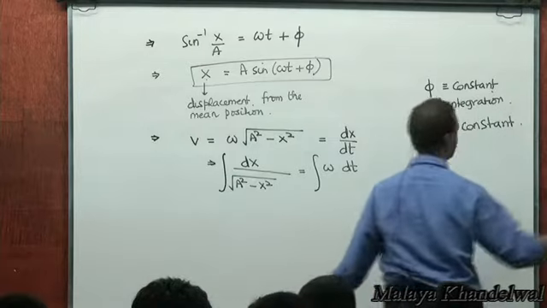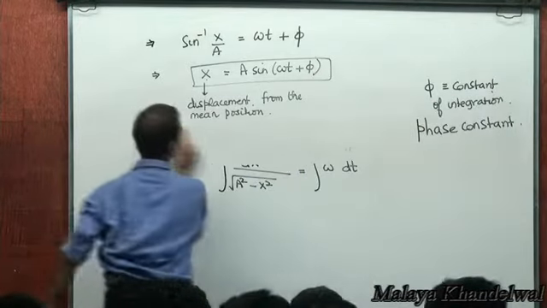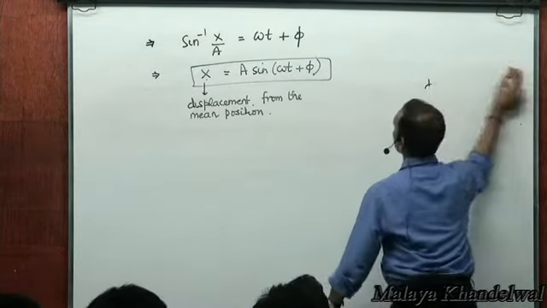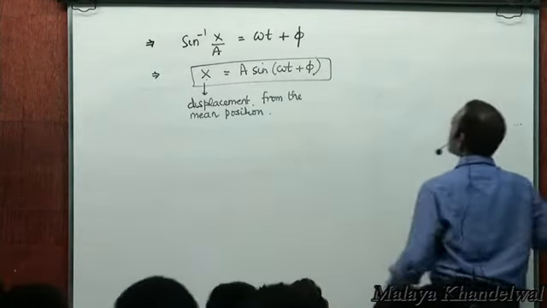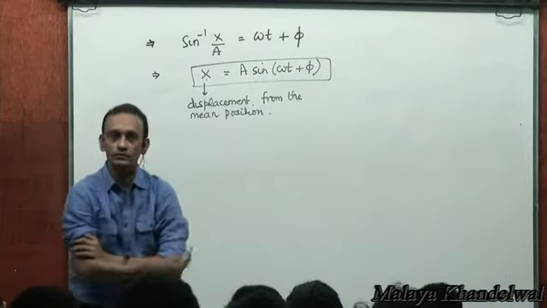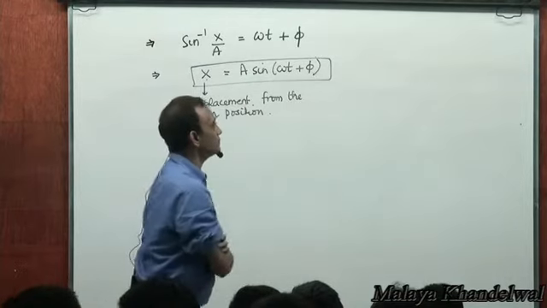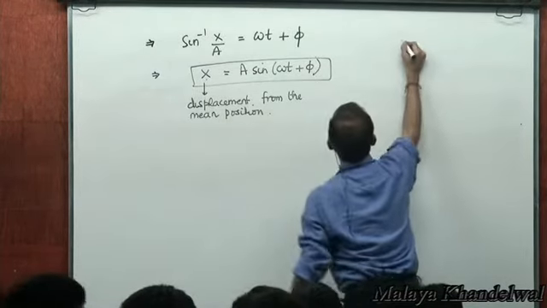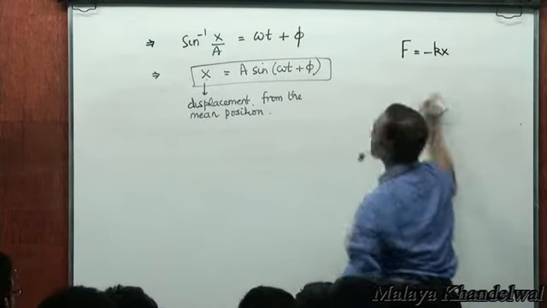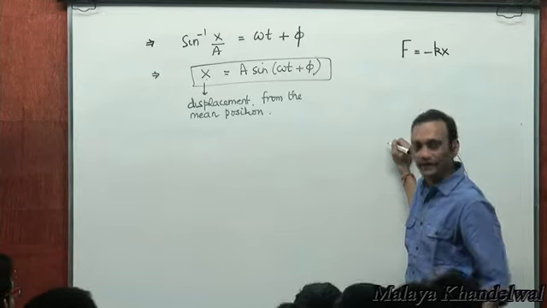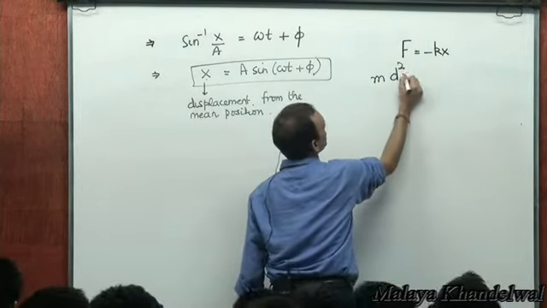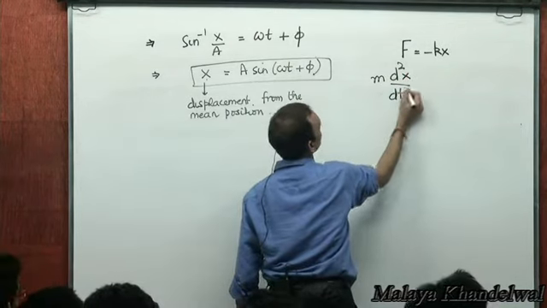Now, see, the important thing is that this entire motion was described by F equal to minus kx, where F was m into acceleration, which is d2x dt2.